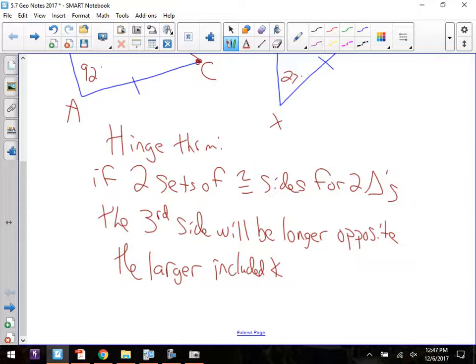Okay. If two sets of congruent sides are for two triangles, the third side will be longer opposite the larger angle. Again, the more you open up the angle, the longer the side. That's really all this is. Okay? It's called the hinge theorem.